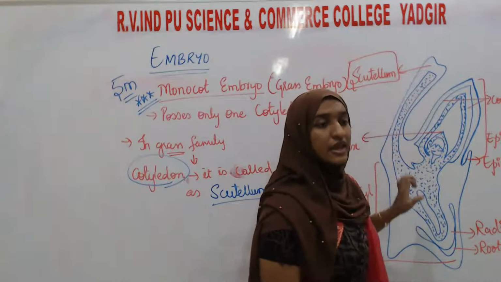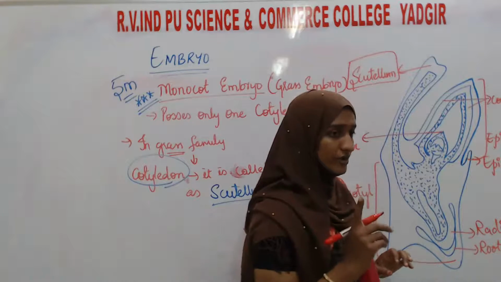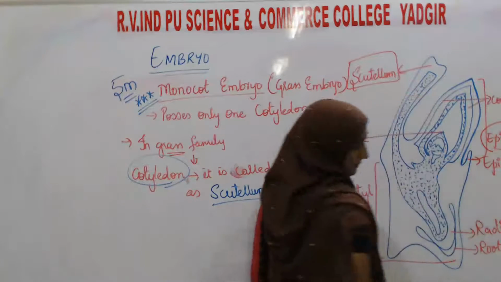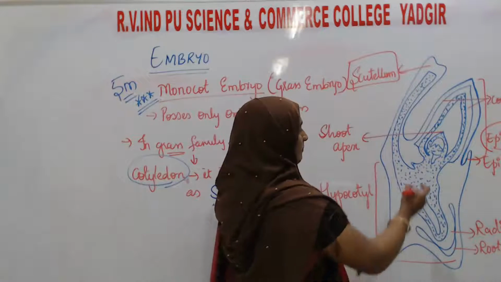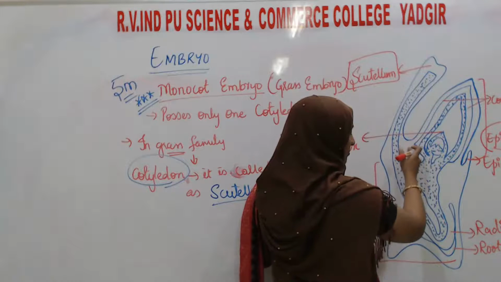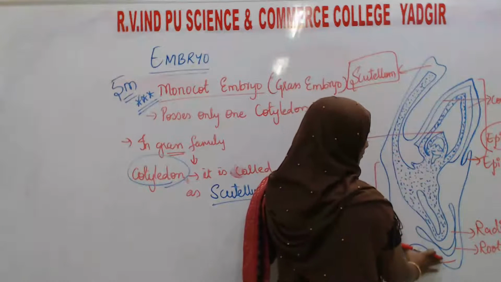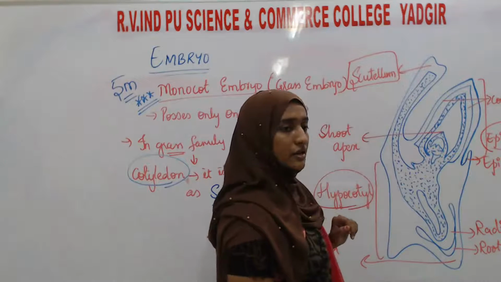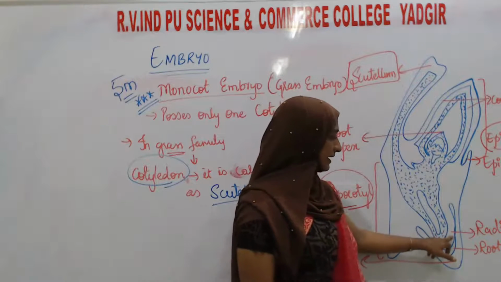This region where the embryonic axis is going to form one cotyledon, we can call the epicotyl. Here this cylindrical portion we can call the hypocotyl, where there is the presence of the radicle.